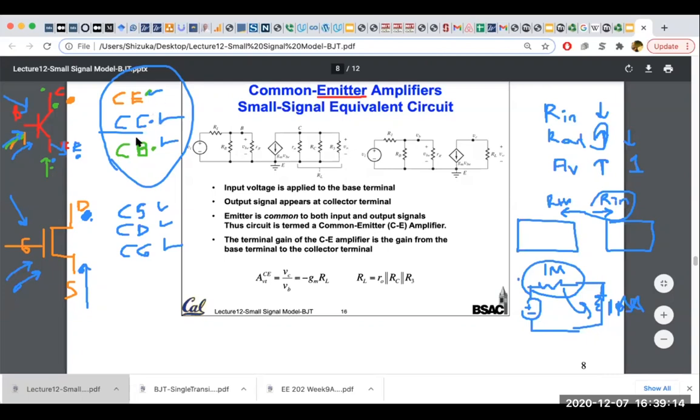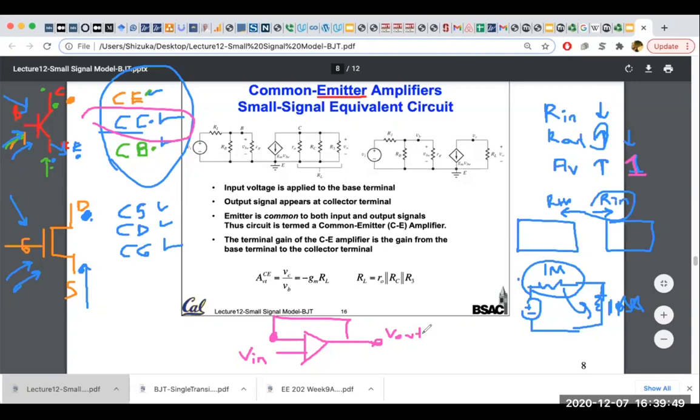So in the op-amp we always learned buffers, right? So actually this common collector amplifier is a buffer, the one I just wrote here with the gain of 1. Remember, we were doing this. Same logic: the V in becomes V in, so V in becomes V out, right?